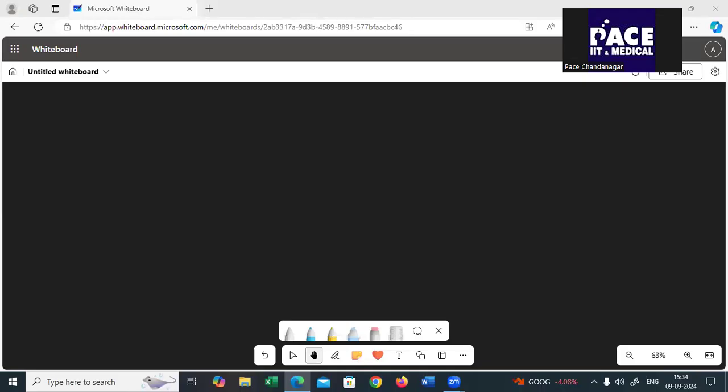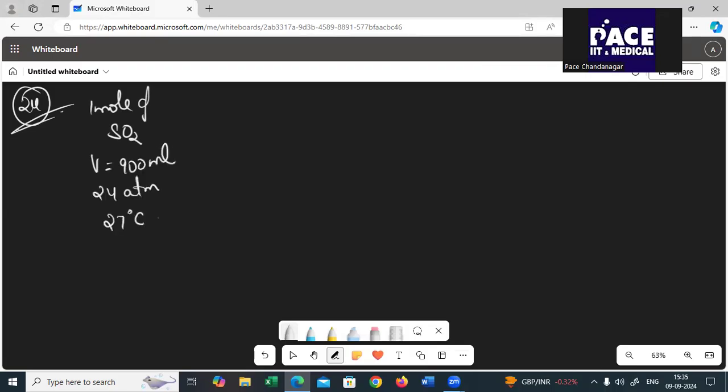Next. Moving on with 24, 1 mole of SO2, okay, 1 mole of sulfur dioxide occupies a volume of 900 ml at 24 atmospheric pressure at 27 degrees Celsius.